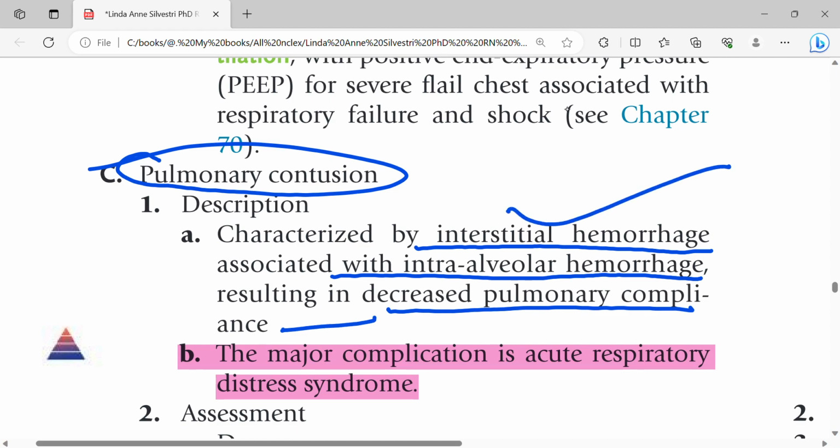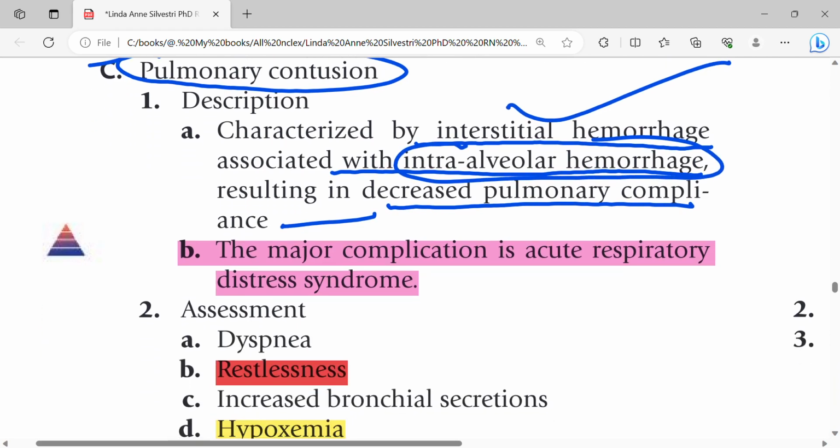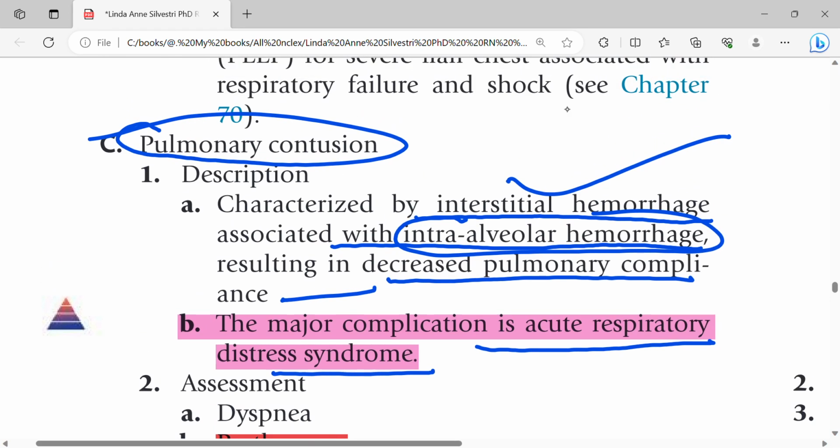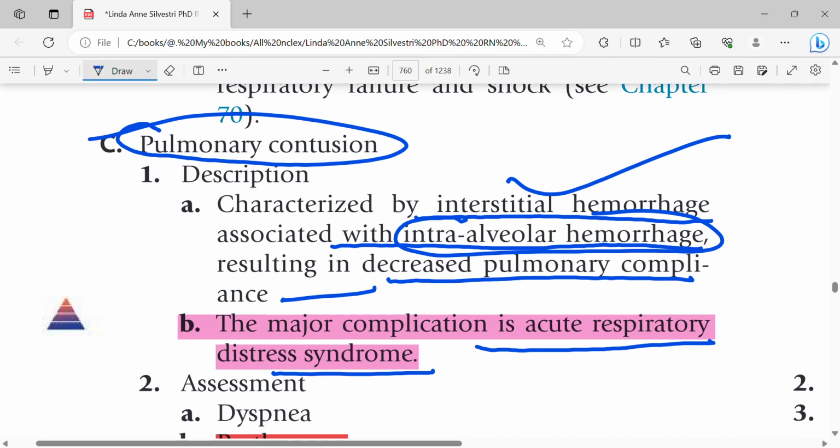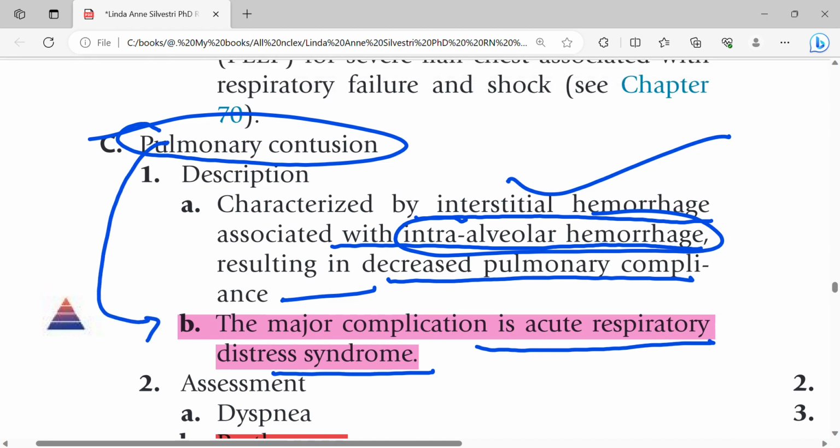So the major complication is acute respiratory distress syndrome, ARDS.